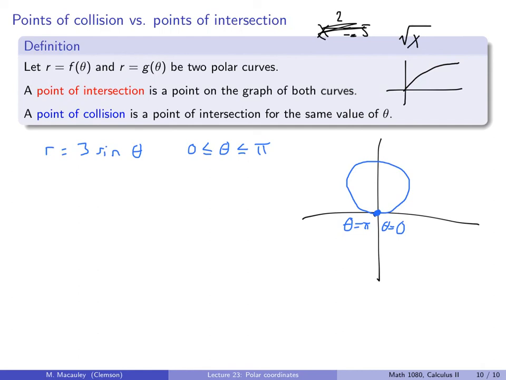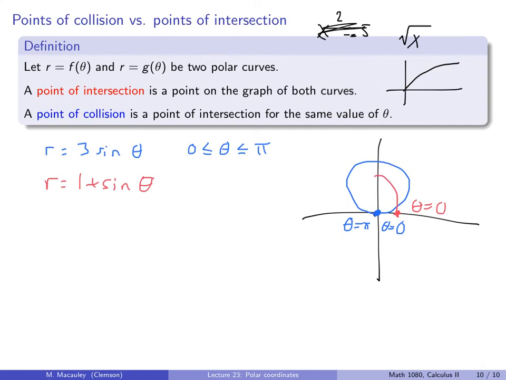For the next curve, this was r equals 1 plus sine of theta. Here, at theta equals 0, along the x-axis, we are starting here. So this is the point where theta equals 0. And now when we increase, we go up to here.